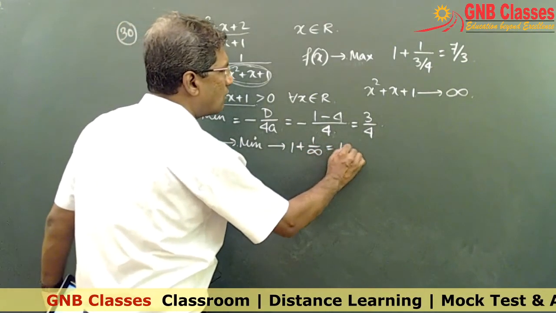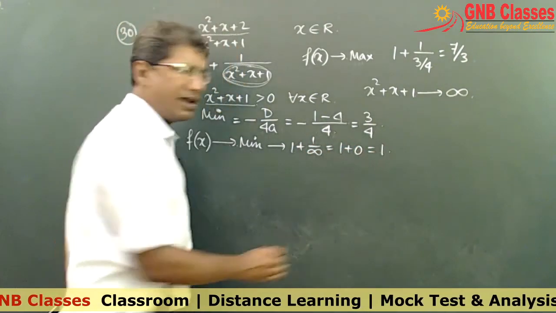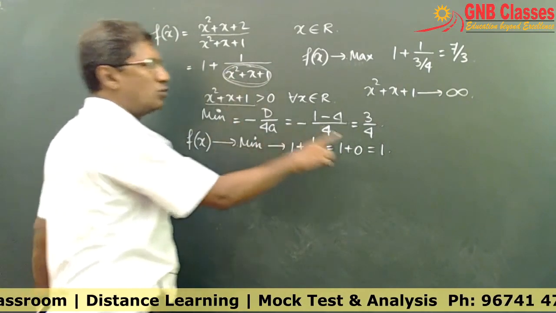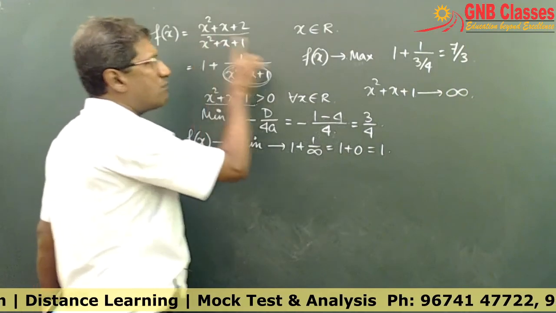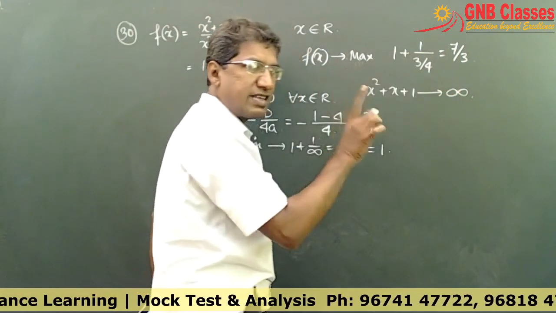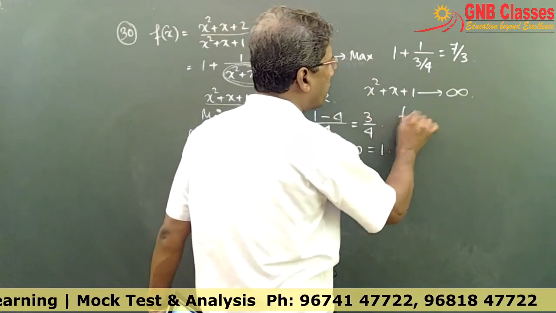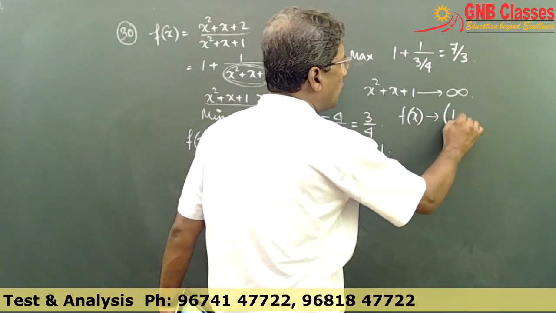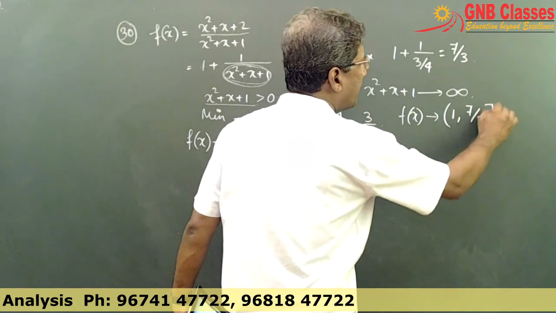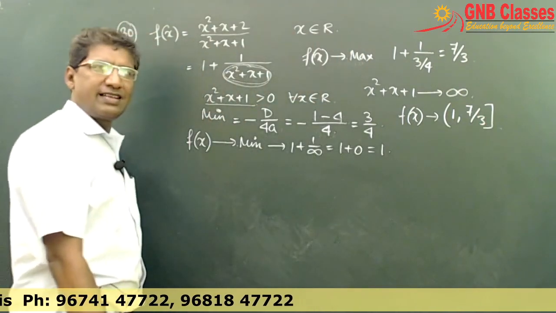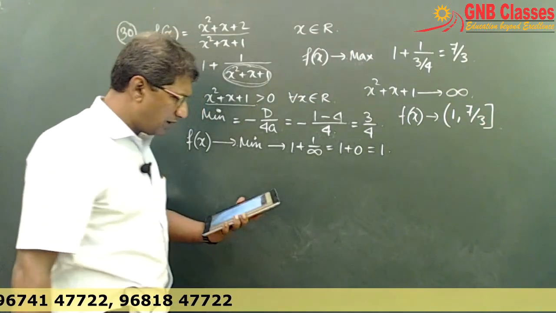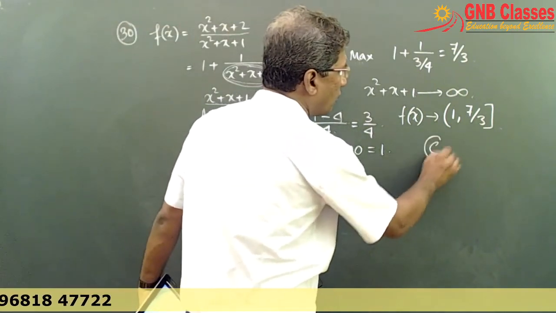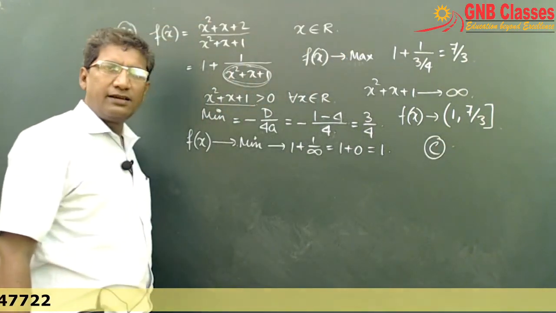It gives you 1 plus 0, which is nothing but 1. Therefore, the minimum value of the function is approaching 1, and the maximum value of the function is 7 by 3. Therefore, the range of the function f(x) is open 1, 7 by 3, closed. Is it clear to all of you? Therefore, our option C is correct for question number 30. Is it clear to all of you?